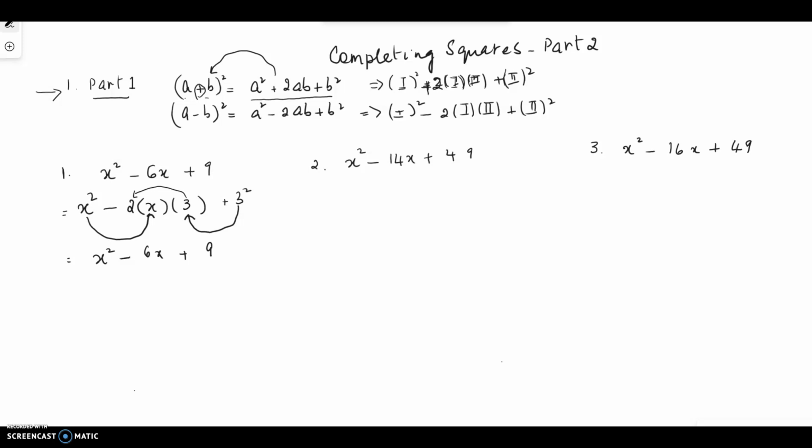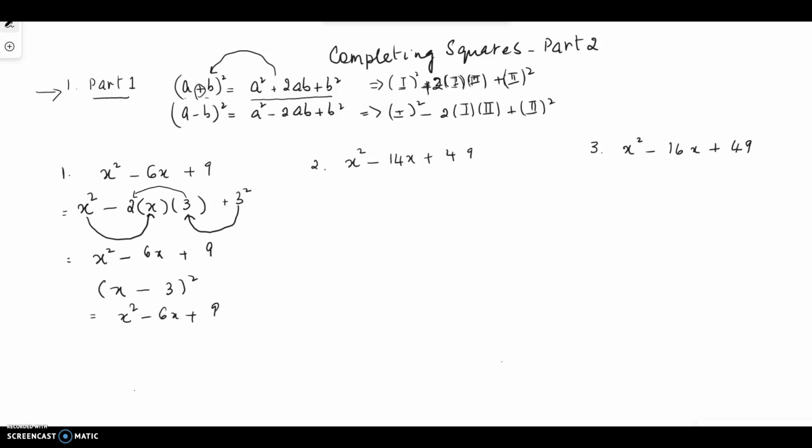Now if it is in this form, then we can write it as a perfect square, so that's x minus 3 the whole squared. Now I want you to think this way. X minus 3 the whole squared is x squared minus 6x plus 9.